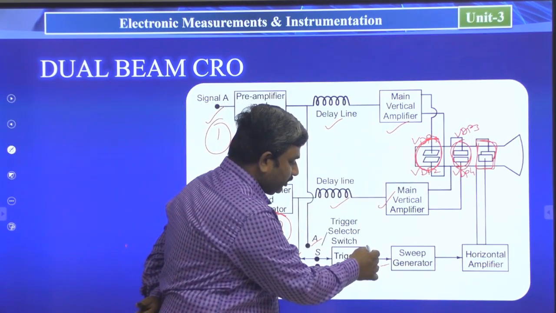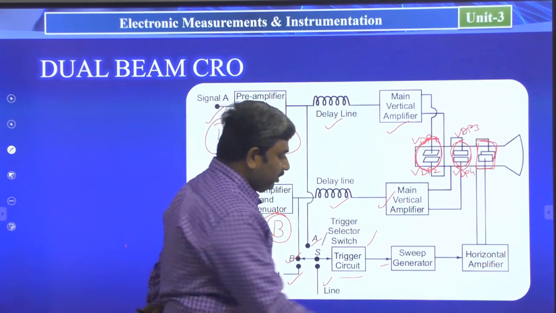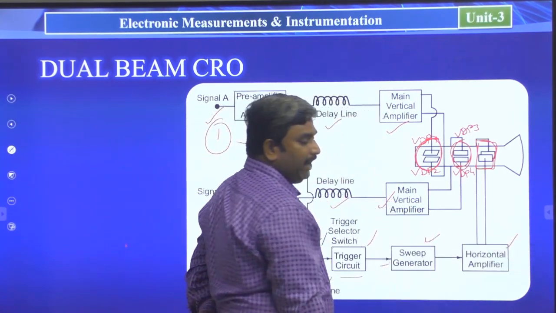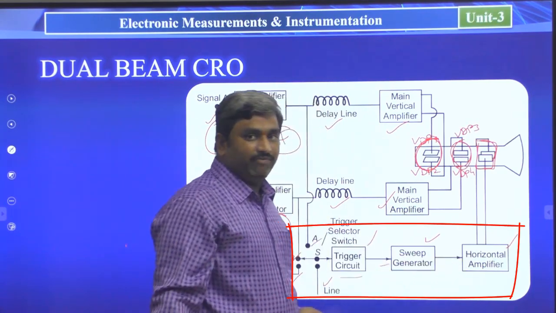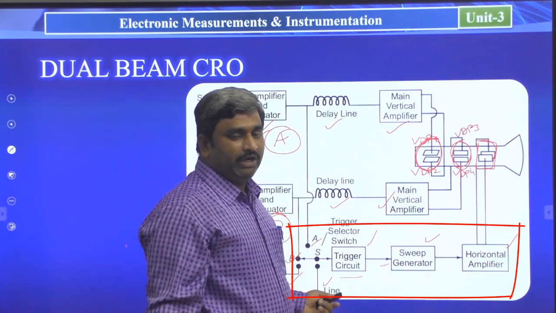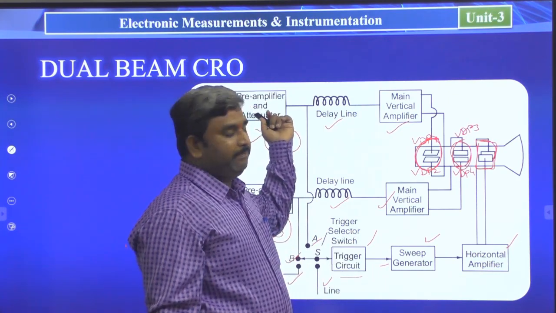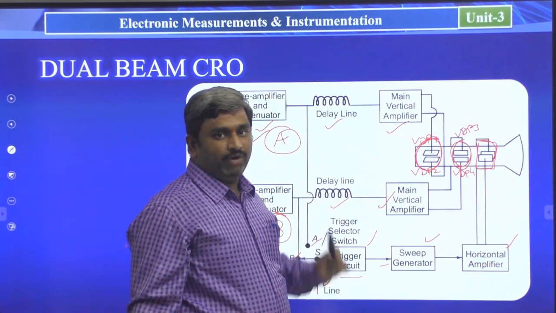In the horizontal deflection system, we have a trigger circuit, a continuous sweep generator, and a horizontal amplifier. These three blocks are very important in the horizontal deflection system. On the vertical deflection side, we have preamplifiers, delay line, main vertical amplifier.